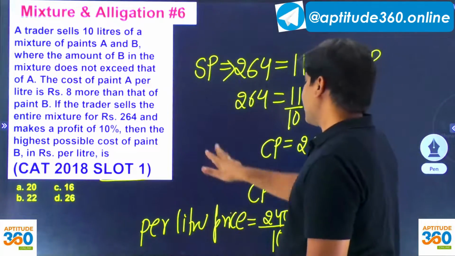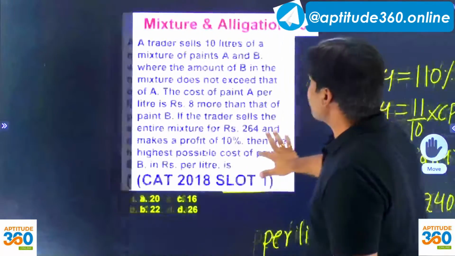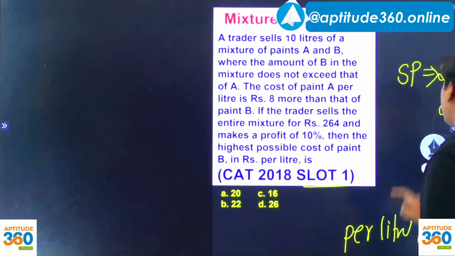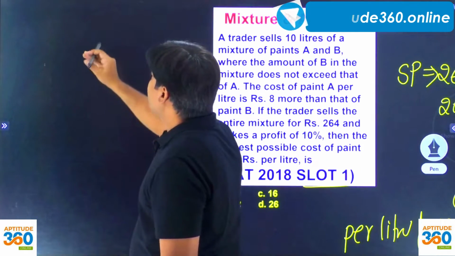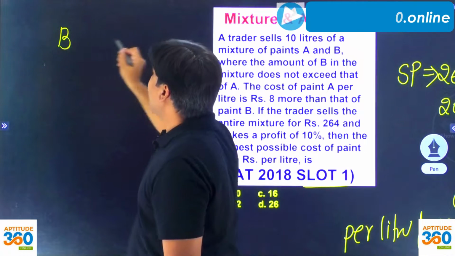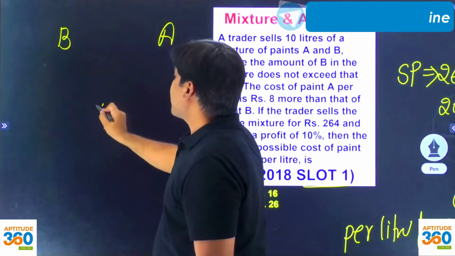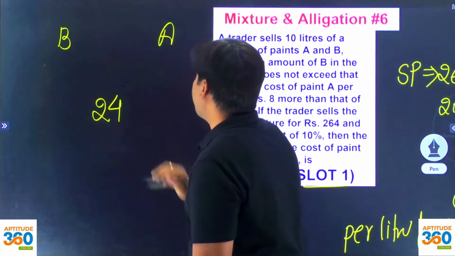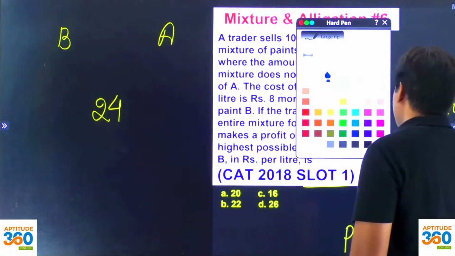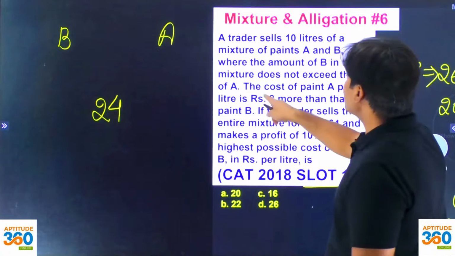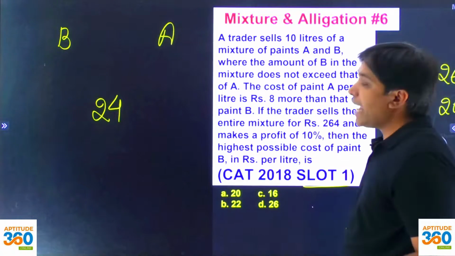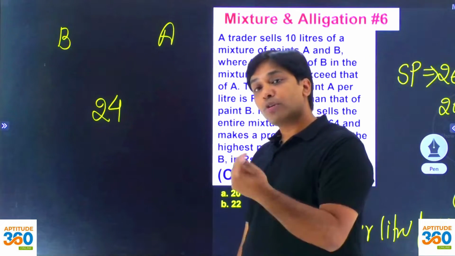Right? Now, what does this problem say, and how are we going to be applying the alligation method here? Say, you have got B and A. Price of the mixture is given to you as 24 rupees per liter, isn't it? And then it also says that the cost of paint A is 8 rupees more.